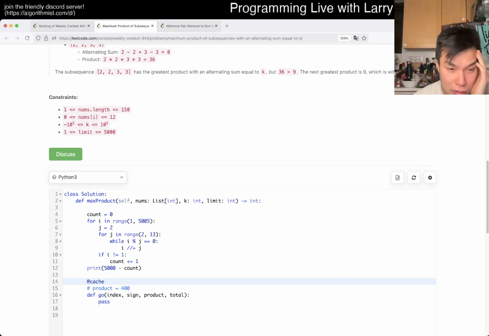If that's the case, then we choose the number of things, so the index and the sign. Actually, we can reduce index to 12 with a little bit of a loop, maybe, to reduce the number of counting.